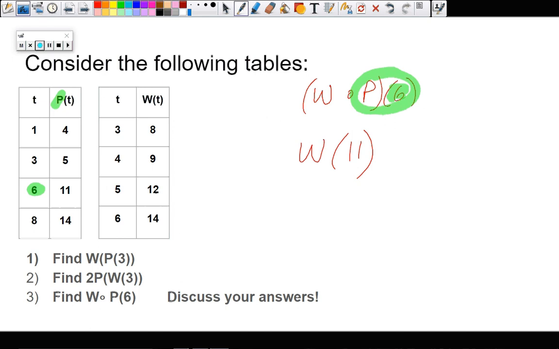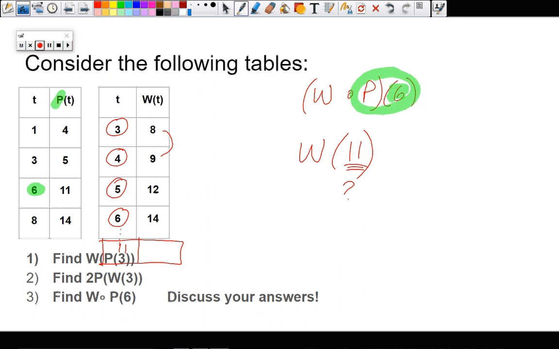You with me? So if I plug it into w, what do I get? So I only have 3, 4, 5, 6. I don't have an 11. I'd have to go all the way here and have 11. You see what I'm doing?